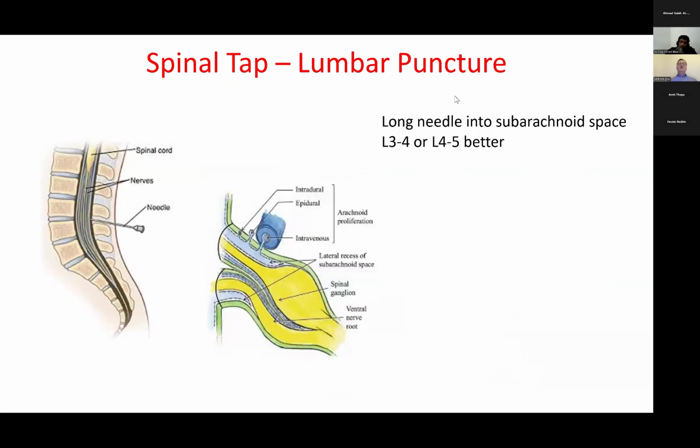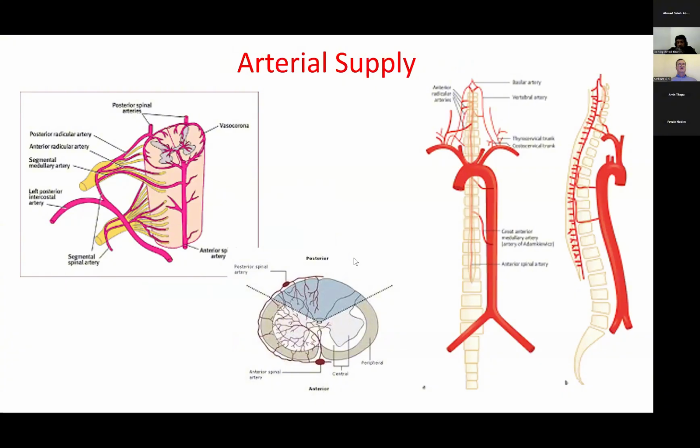Spinal tap or lumbar puncture is a kind of investigation which especially neurologists use to see the CSF structure and biochemistry to make some diagnosis of some neurologic diseases.